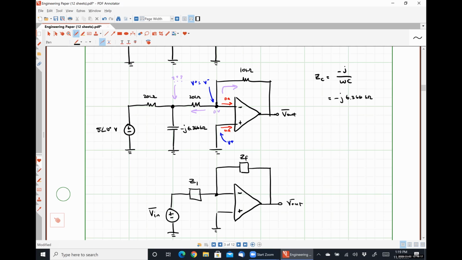We've done this multiple different ways. In fact, we could just recognize that this is an inverting amplifier, and we would know that our output voltage is simply negative Vin times ZF over Z1, based on the lab that we did. So my question to you guys, and we're running out of time here, is how do we get from the circuit in the middle to the circuit on the bottom? The circuit in the middle is arguably difficult to analyze. The circuit on the bottom is fairly trivial.